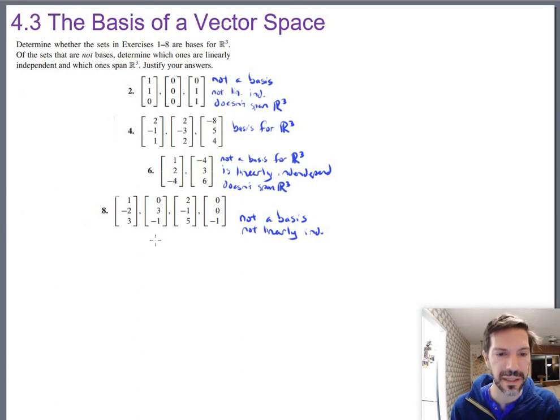This set might span R3, though. I've got 4 vectors here, so it's possible that by combining all 4 of them I can get everywhere in 3-dimensional space. I might just have too many vectors to be a minimal spanning set. But I still need to know that there are at least 3 linearly independent columns, at least 3 pivots. So at this point I need to grab my calculator again and check for 3 pivots.